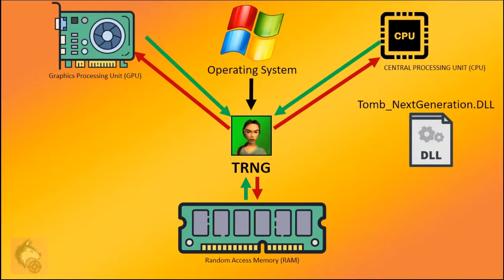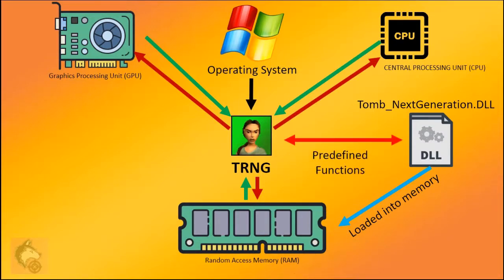So now we also have a Tomb Next Generation DLL in our main TRNG directory, which can't work without the engine, because these two work interchangeably with each other, and this is very important. After the TRNG engine is loaded successfully, it will order the Tomb Next Generation DLL to be loaded into memory. As we previously discussed, dynamic linked libraries must first be loaded into our random access memory and then start getting executed by our CPU.